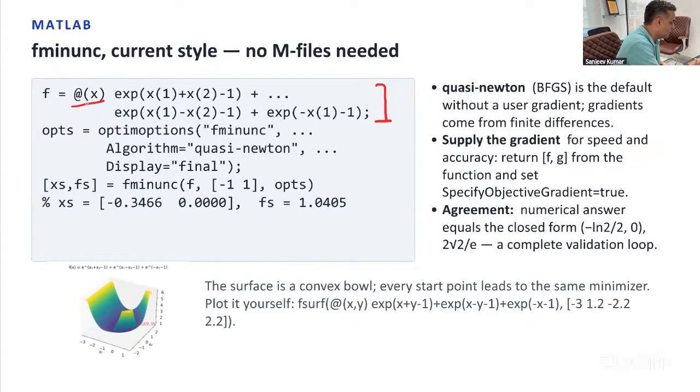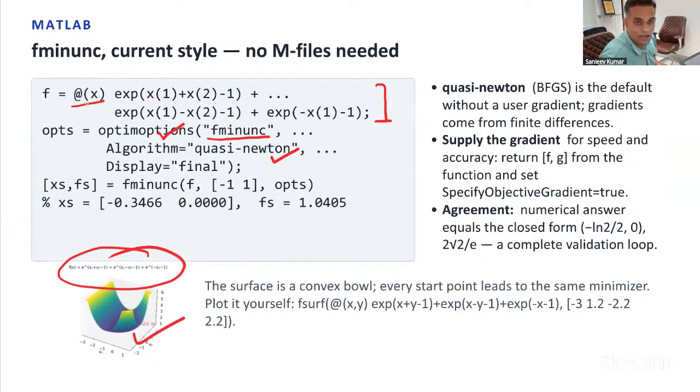Now, in the optimization options I will give the unconstrained function minimum. What kind of algorithm you want to use? Whether quasi-Newton or BFGS, there are a certain number of algorithms. Okay, and so on. So if you see, this is the function, this is the display, and once you pass this, you get the value of the decision variables at the minima, and the functional value.